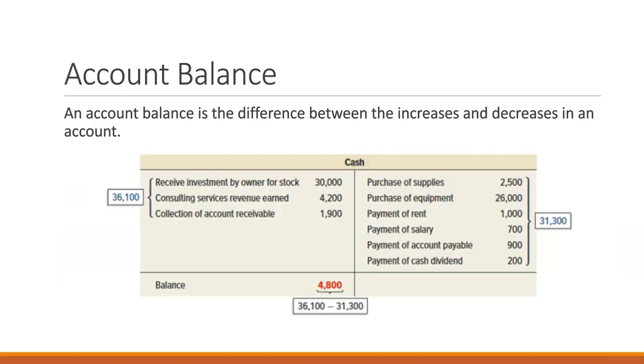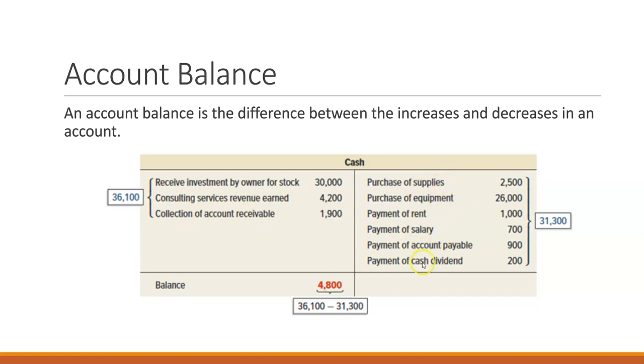Okay, so here we have an example of our cash account. This is a cash T account with debit on the left side and credits on the right side. We have increased the cash account by getting money from the owner, by having services earned, and by receiving cash for an account receivable.